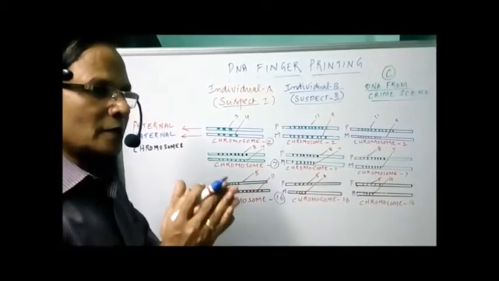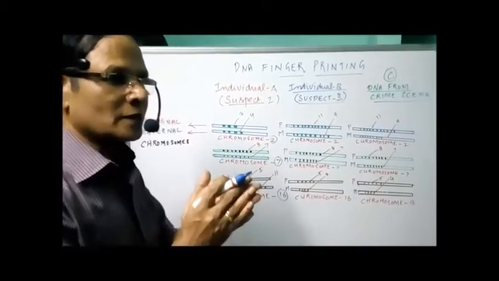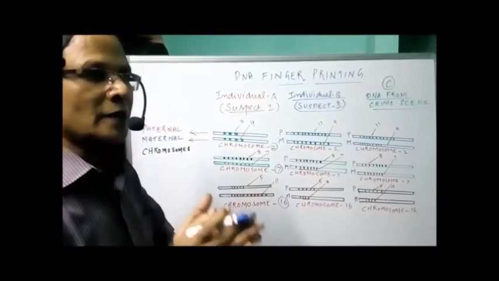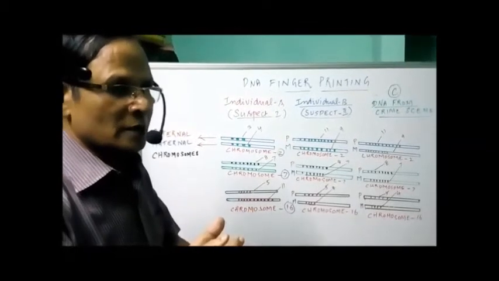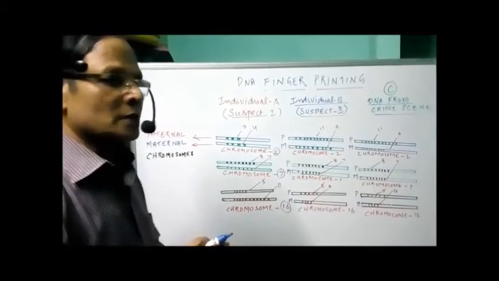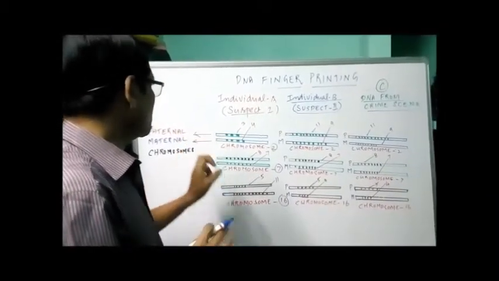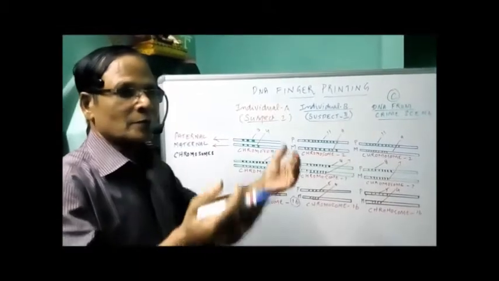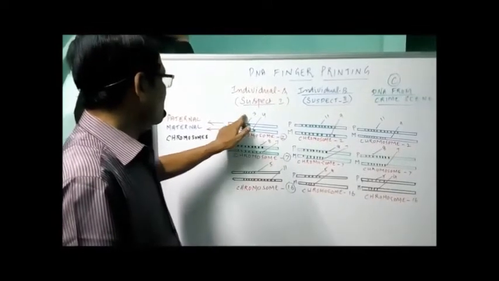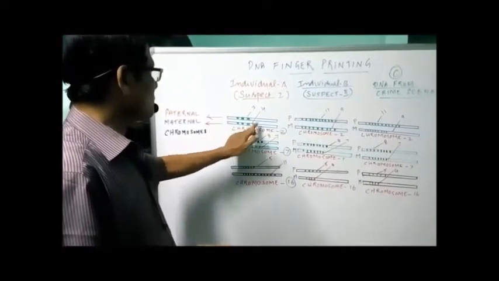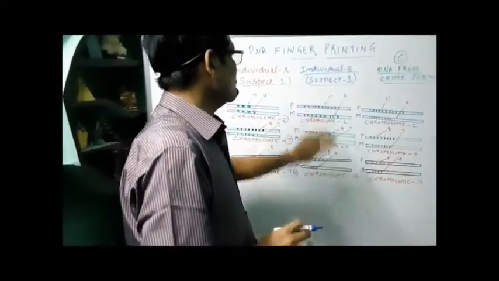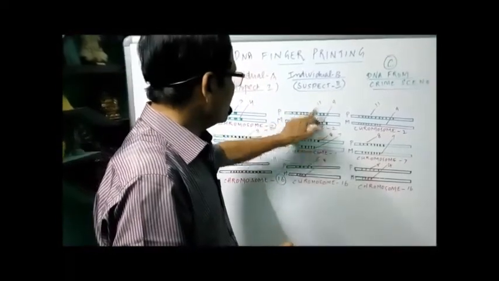But the tandem repeats of a father and those of a son or daughter would be the same, as would those of the mother with the son or daughter. Now I am taking chromosome number 2. The number of tandem repeats in the paternal chromosome is 3 and in the maternal chromosome 4. And in the case of suspect 2, the number of tandem repeats is 11 and then 9.